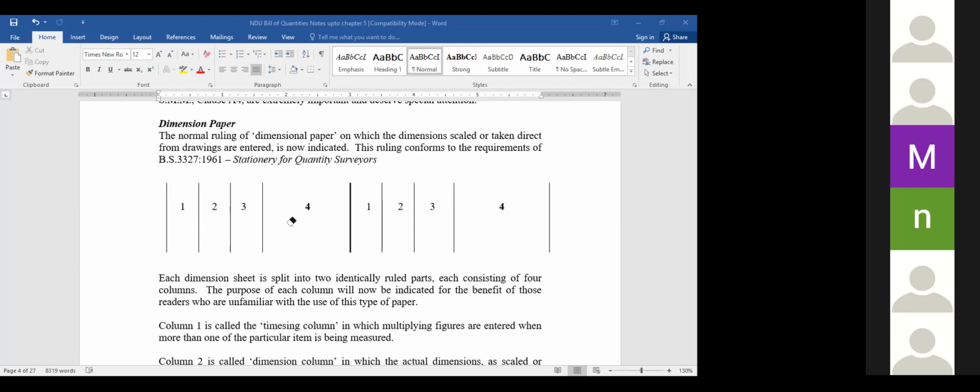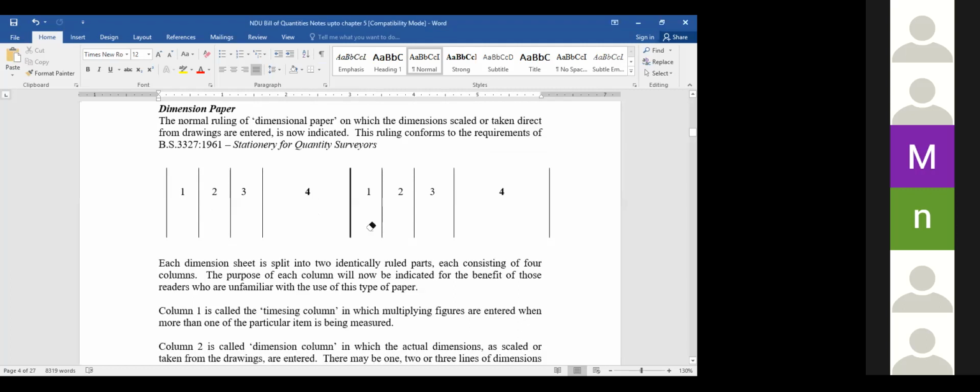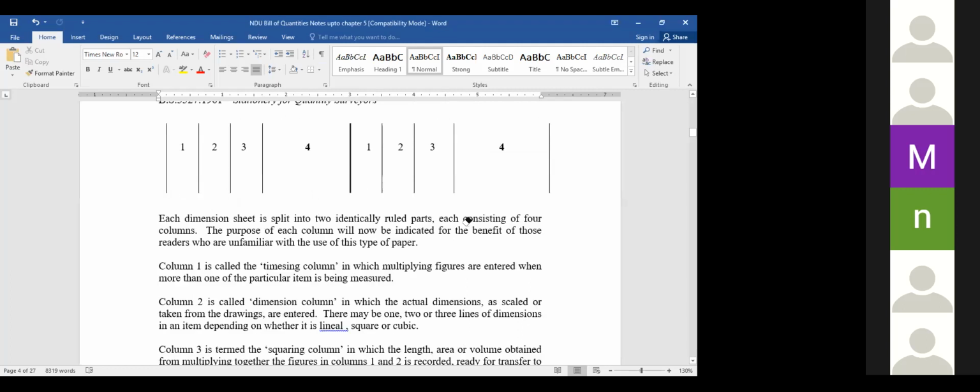Then we're saying each sheet is split into 2 identical ruled parts, each consisting of 4 columns. The purpose of each column will now be indicated. Column 1 is the column in which multiplying figures are entered, when more than one of the particular item is being measured. Okay, so we shall see that.